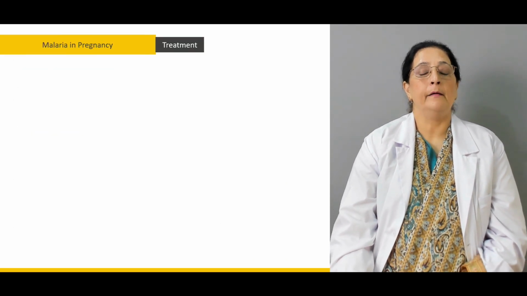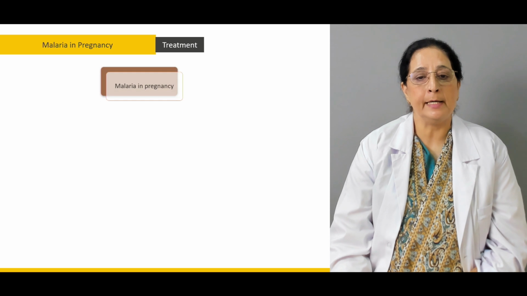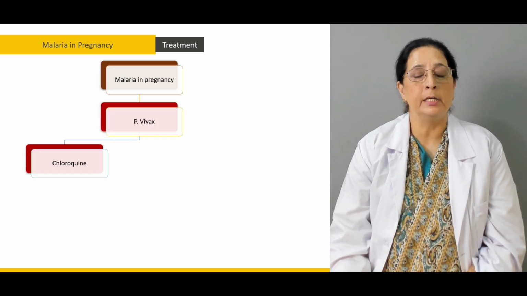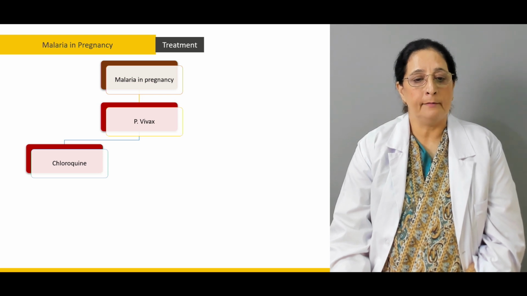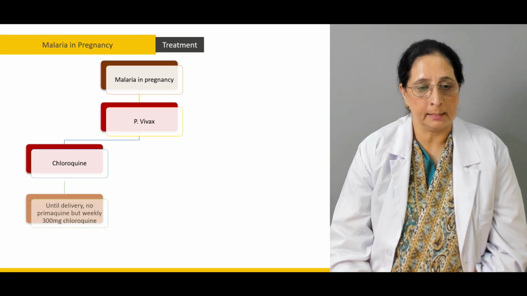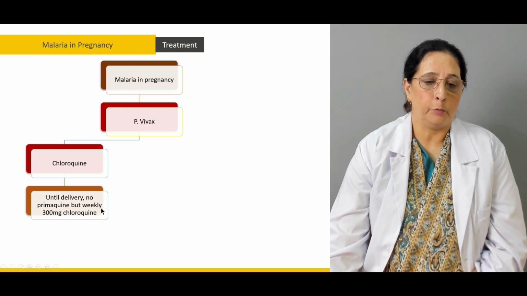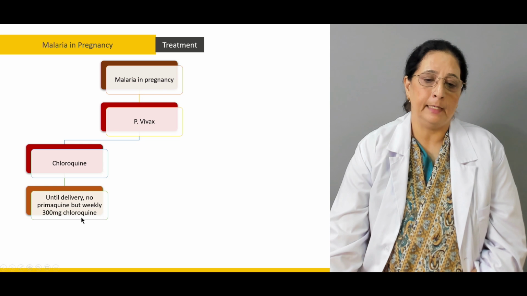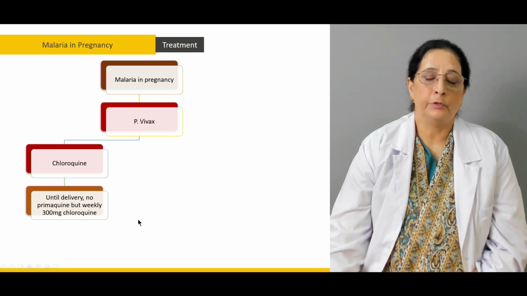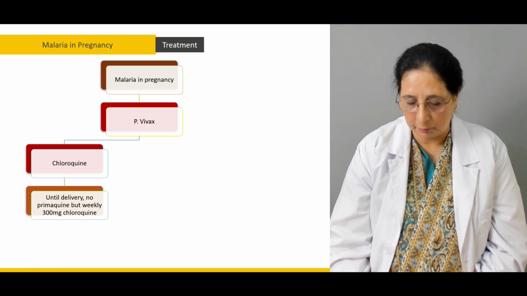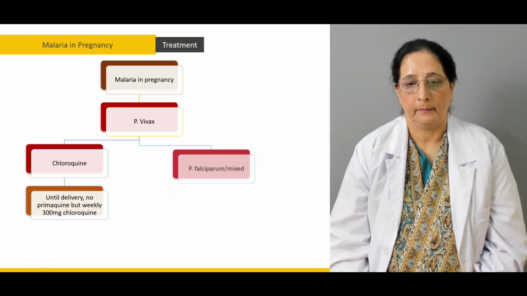Now, if the malaria is present in pregnancy, and it's caused by Plasmodium vivax, we give chloroquine. Until delivery, no primaquine, but weekly 300 milligram chloroquine. So during pregnancy, chloroquine is safe, so that is the drug that is used.